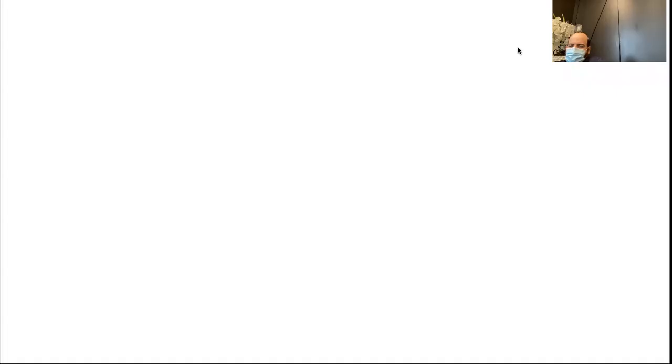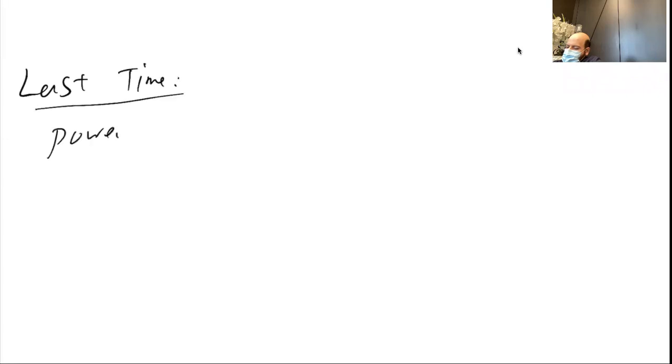Hello everyone. So last time we looked at how to solve ODEs using the power series method. And we saw the definition of a power series.